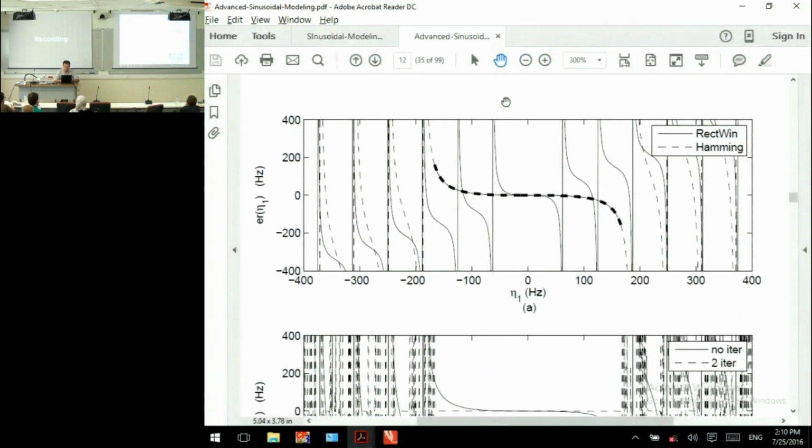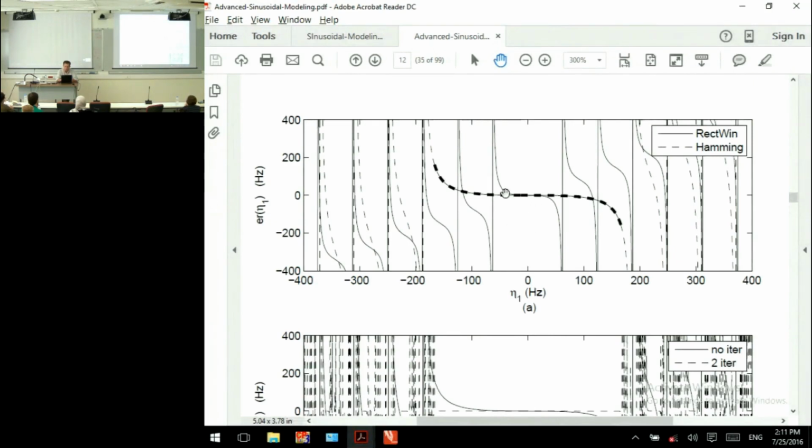So this is, let's say, the input mistake, and this is the error on our estimation. If it is 0, that means we have estimated this eta1. Eta is the mistake that we make in the frequency, and here it is in hertz.